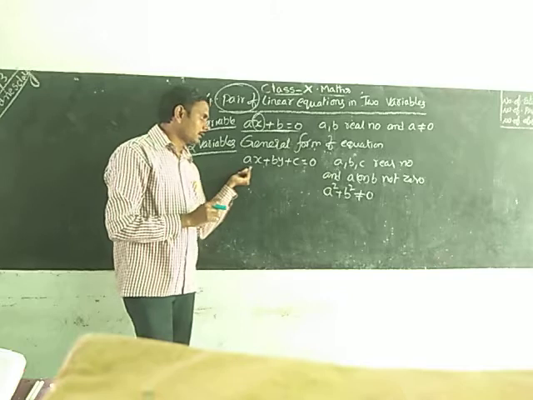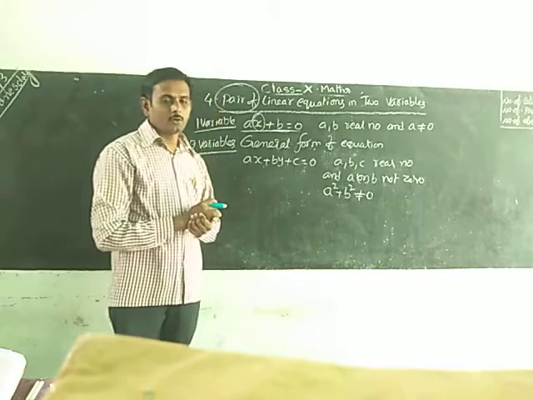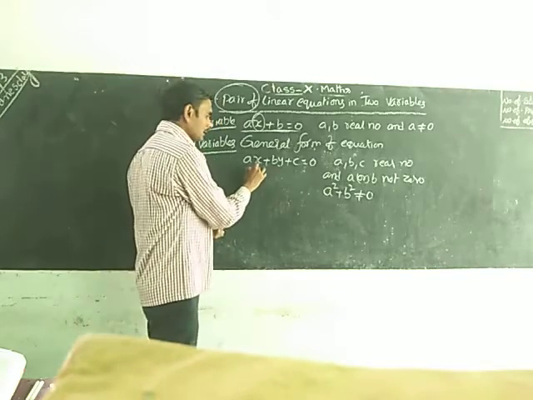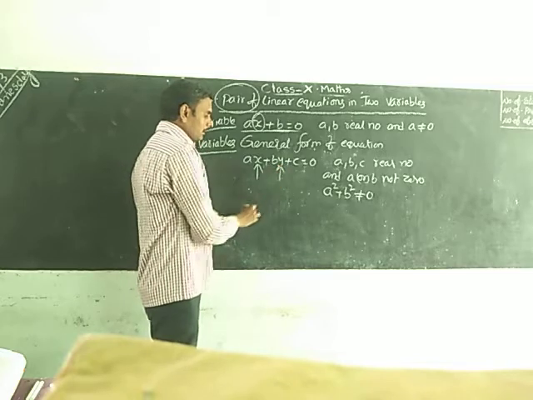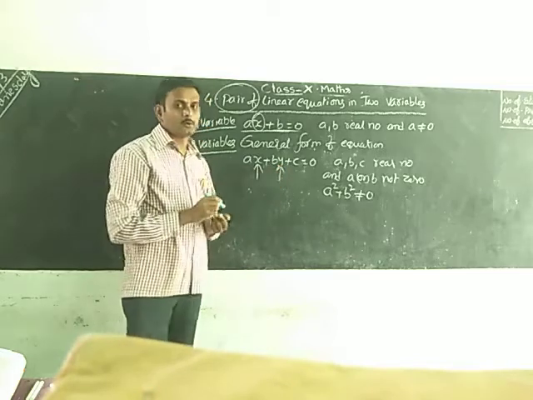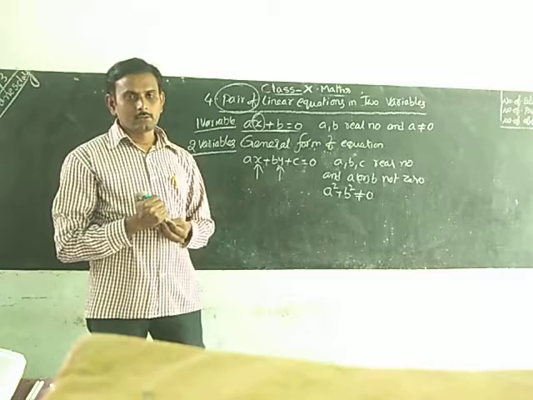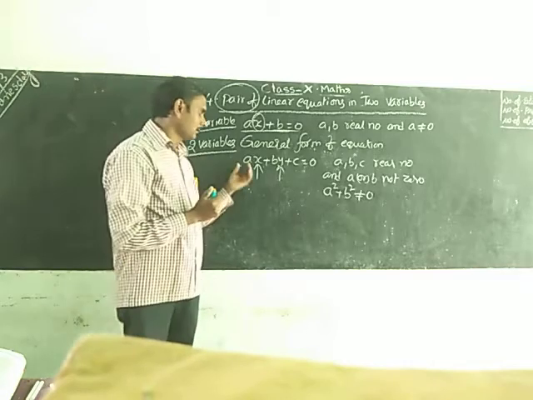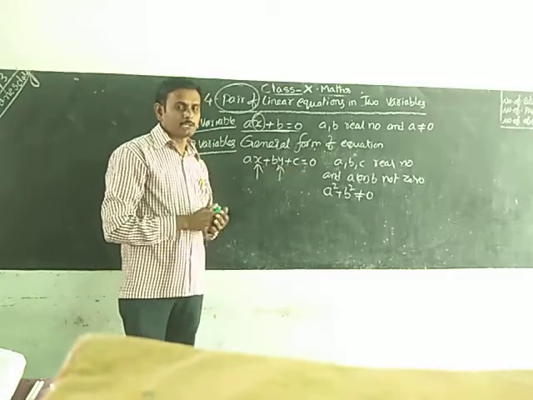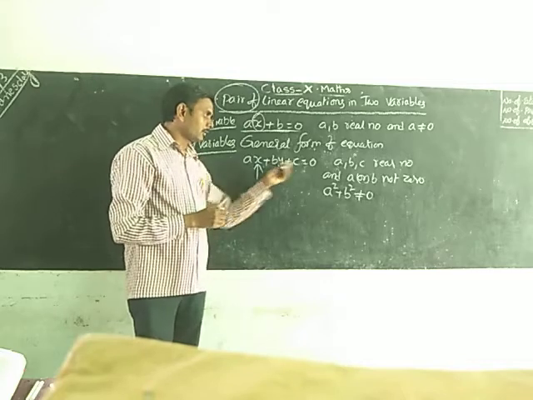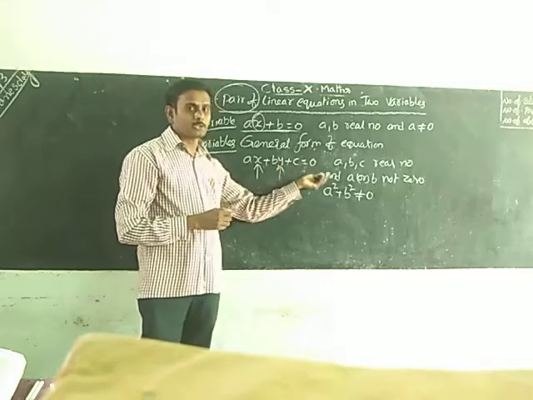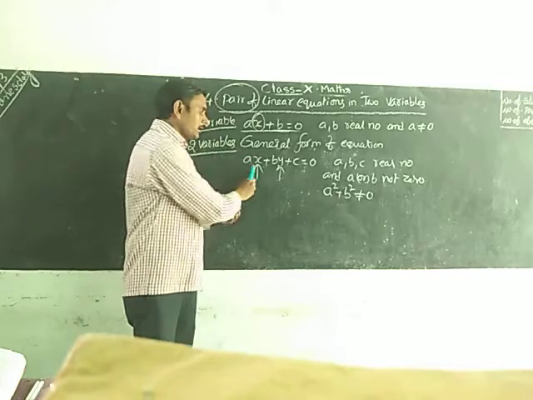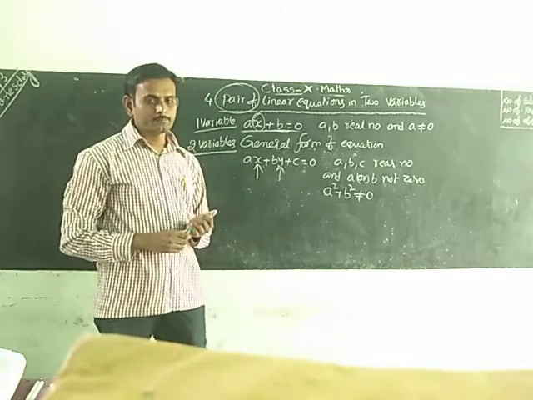But if you go for the linear equation in two variables, how many variables are here? x, y. That means x, y both we have to take to satisfy the equation. To satisfy the equation, that is to make LHS equal to RHS, x, y both we have to take at a time.